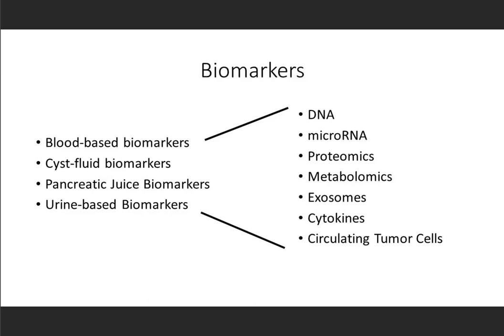But we're also taking these insights and trying to develop tests that can then be applied in the clinical setting. And so we're using and leveraging these technologies to develop new blood-based biomarkers, cyst fluid biomarkers, pancreatic juice biomarkers, and even using the urine. And so there's a lot of excitement and a lot of interest, and if you look in the literature, you'll find a lot of different applications of potentially promising biomarkers.